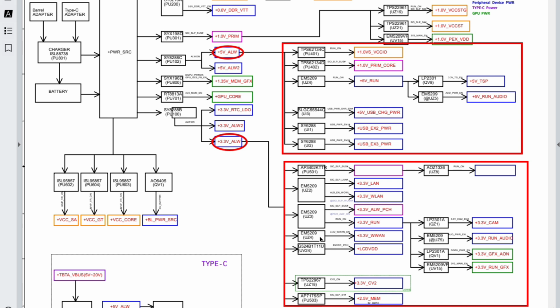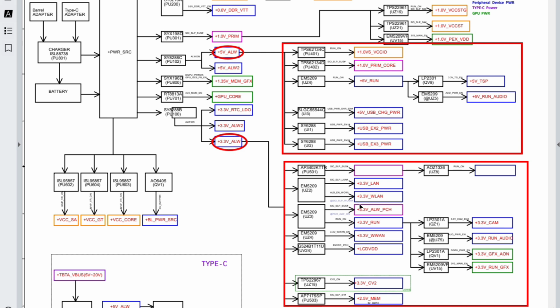So the majority, about 90% of voltages in every motherboard, are coming from plus 3.3 volt always and 5 volt always. Now we go a little bit deeper. This is basically the expert level. It means that 90% of motherboard failures are due to plus 5 volt always and plus 3.3 volt always.